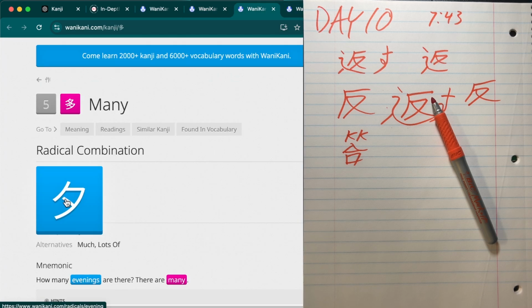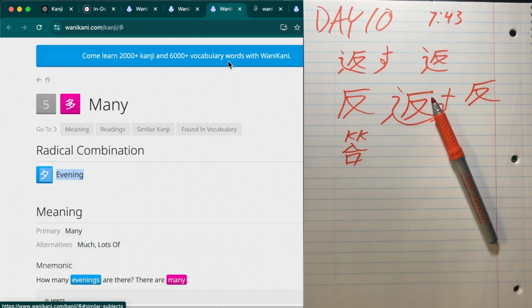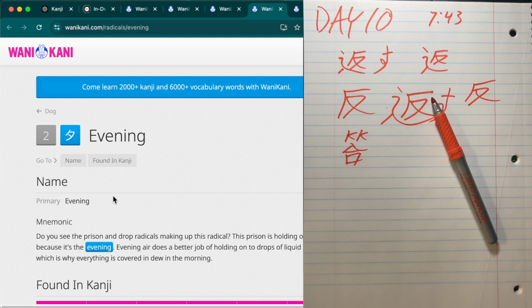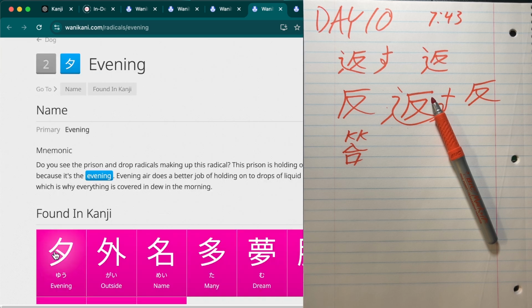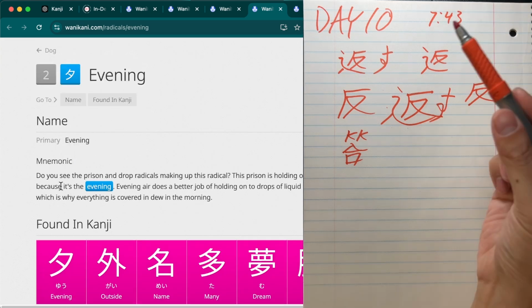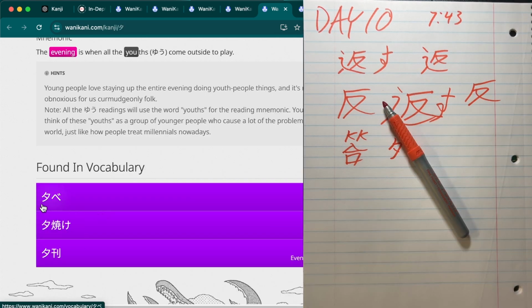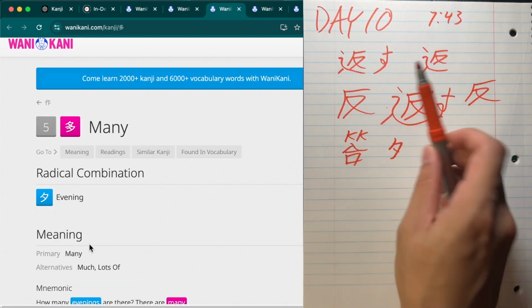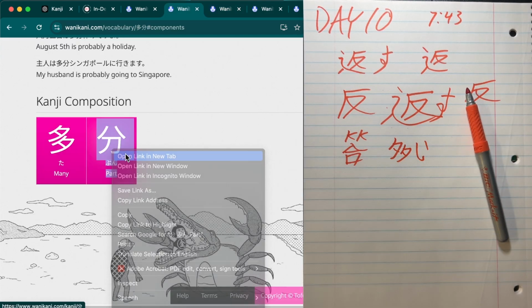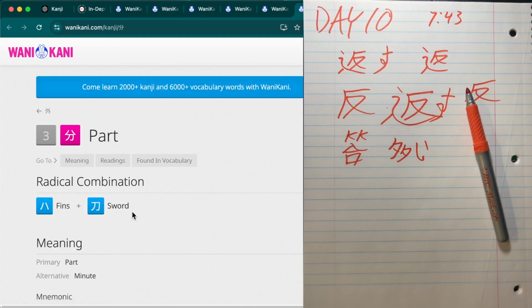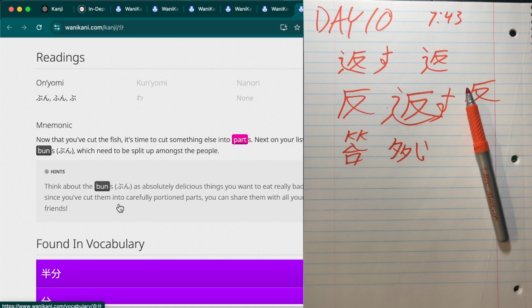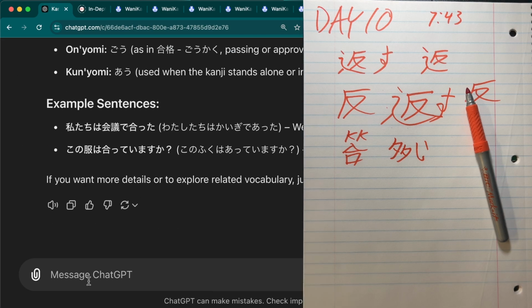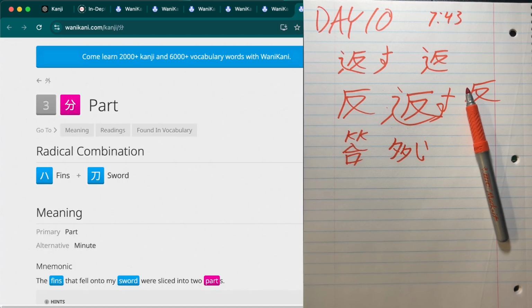Let's look at both of them. Evening, huh? This by itself means evening. I didn't remember that. Yeah, I totally forgot that. So, you bet. Two evenings is many. Okay, this oi. Then we have bun, fins, and sword. Two parts. Am I mixing this up? It's the same thing, right?